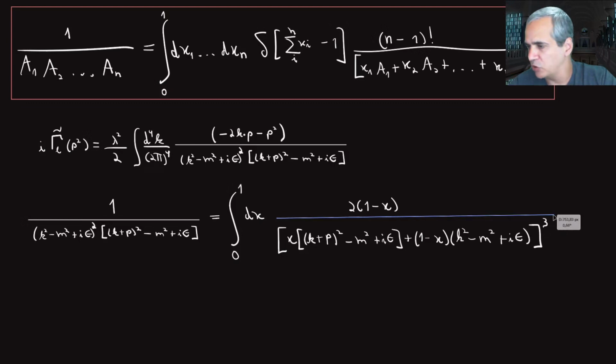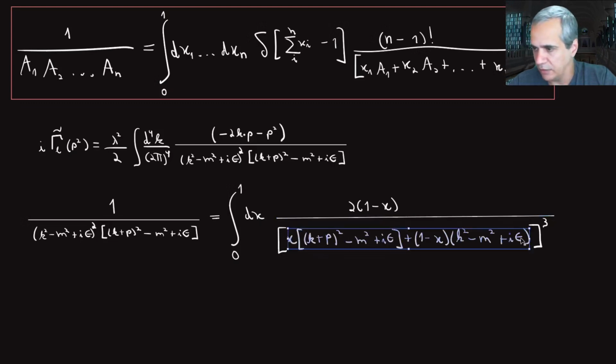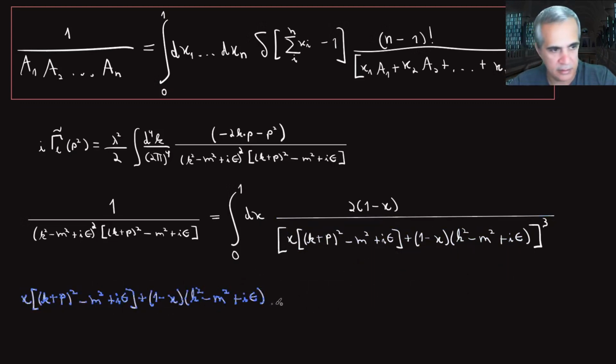Now I can do some simplification here. You can realize already there are many terms that will be canceled, right? Because I have a minus x here, an x here, so all this will cancel between the terms that are proportional to x, right? So let me just rewrite this guy, so I just have to do some algebra here, just multiply everything, and you'll see there's a lot of cancellation, and what's left is k squared plus 2k scalar p, right?